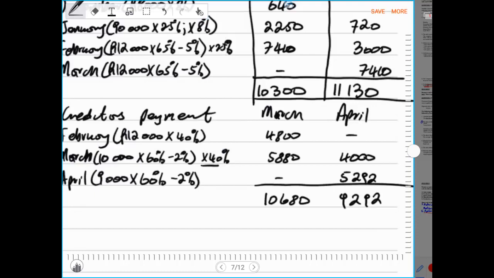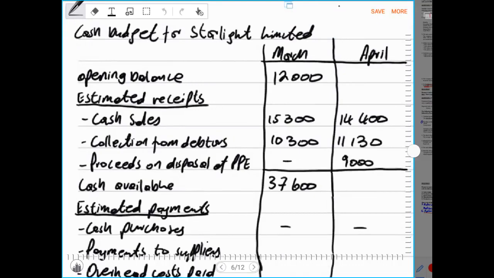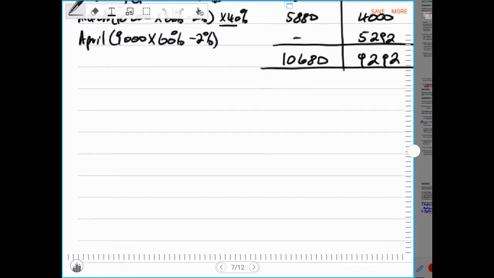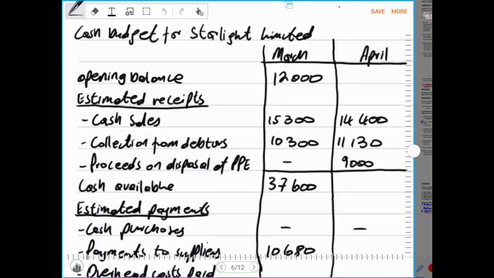So these are our payments to our suppliers. Then 10,680 is for March. Then here we have 9,292.